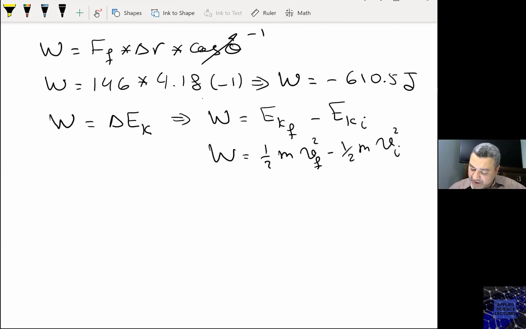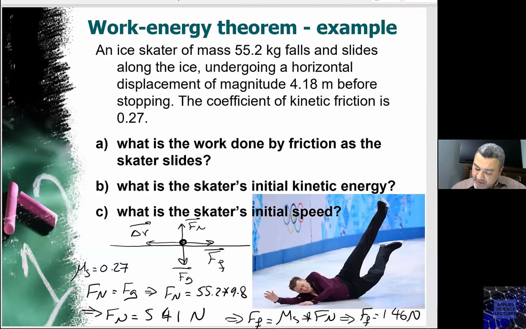He reached a stop, which means the final speed was 0. This means the work equals minus half 55.2.